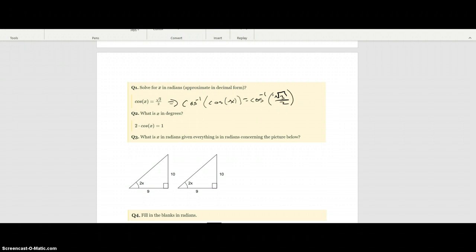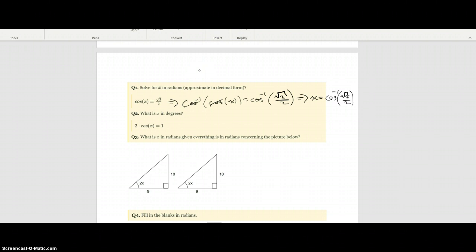When doing that, these kind of cancel out, so you're just left with x on the left-hand side. So x is equal to cosine inverse square root 3 over 2, whatever that is on the calculator.